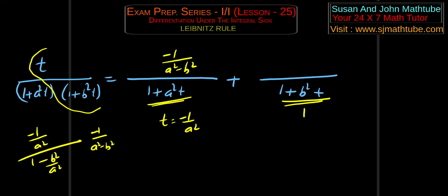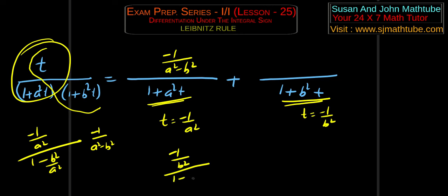And now I put t equal to minus 1 by b square here. So I get minus 1 by b square by 1 minus a square by b square. So that is equal to minus 1 by b square minus a square. And as always, I want a common factor, so I'm going to flip it. I'm going to write 1 by a square minus b square. So that's it, my friends.